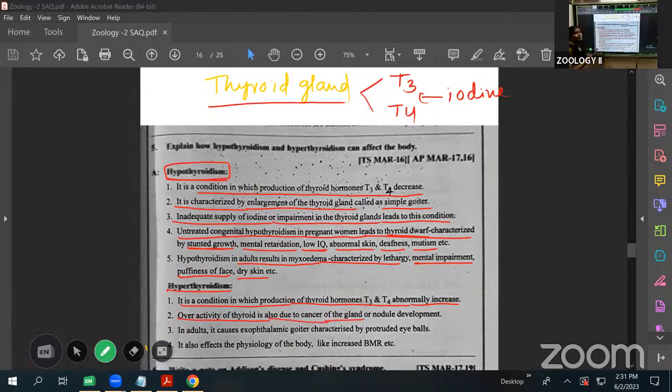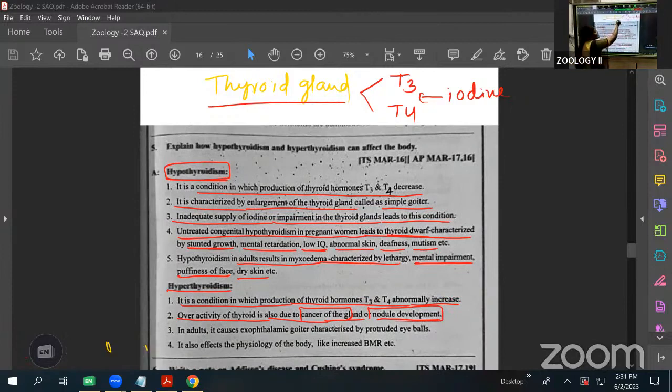It is also caused by nodules developing inside the thyroid gland. A nodule means cyst-like structures are formed, which also cause excess secretion of the thyroxine hormone. Here, overactivity of the thyroid occurs in the cancerous time, or when nodules are formed inside the thyroid.